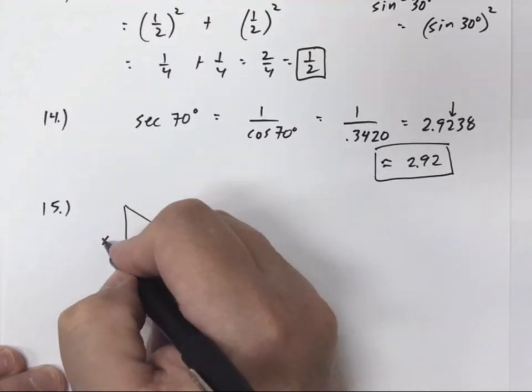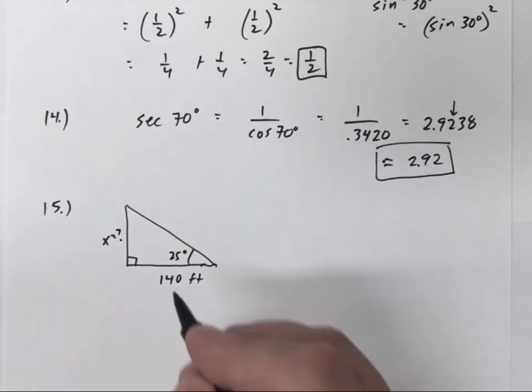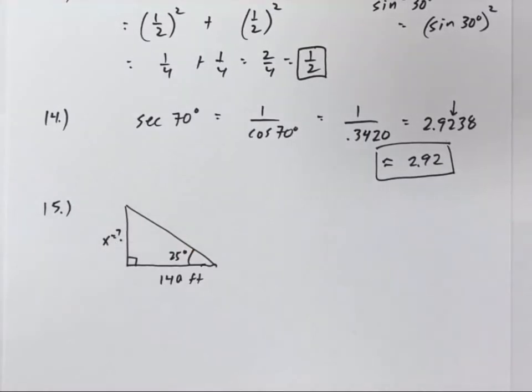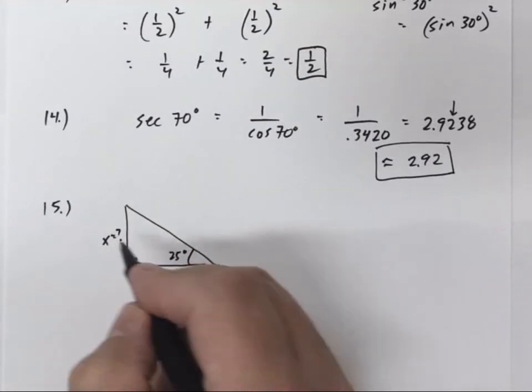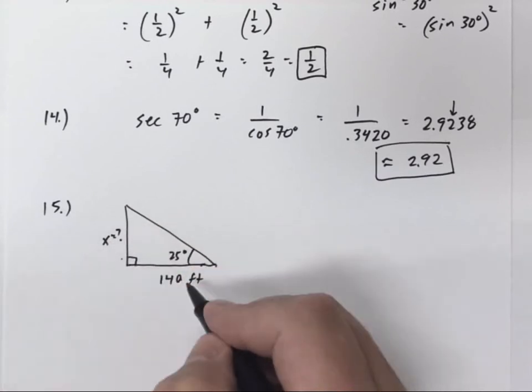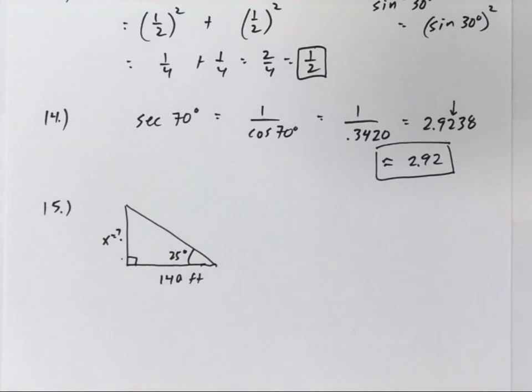And in a sense, they're trying to find the length of this side. So what you do is, based upon trig functions, I want to find the trig function that will relate this angle to this 140-foot side to the x side. If this is my angle, the x is the opposite. The 140 feet, the bottom side, is my adjacent.